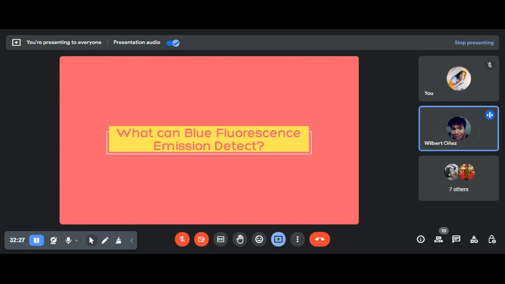What can blue fluorescence emission detect? The blue fluorescent emission due to optical brighteners can be very useful for detecting trace evidence such as textile fibers or paint chips or smears.